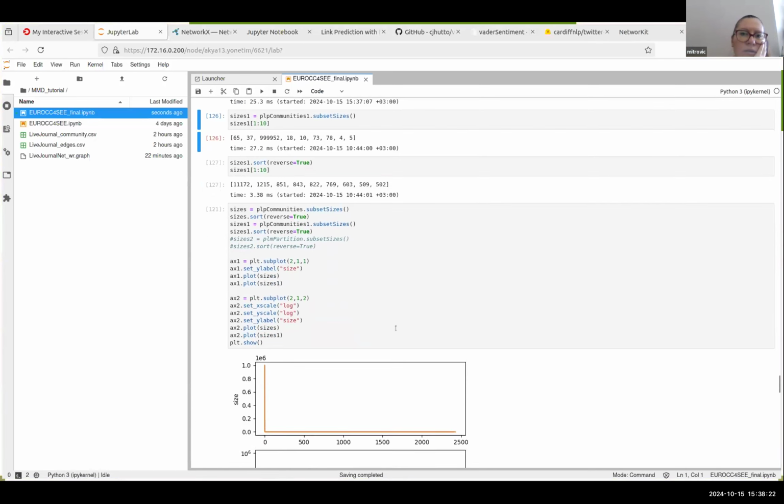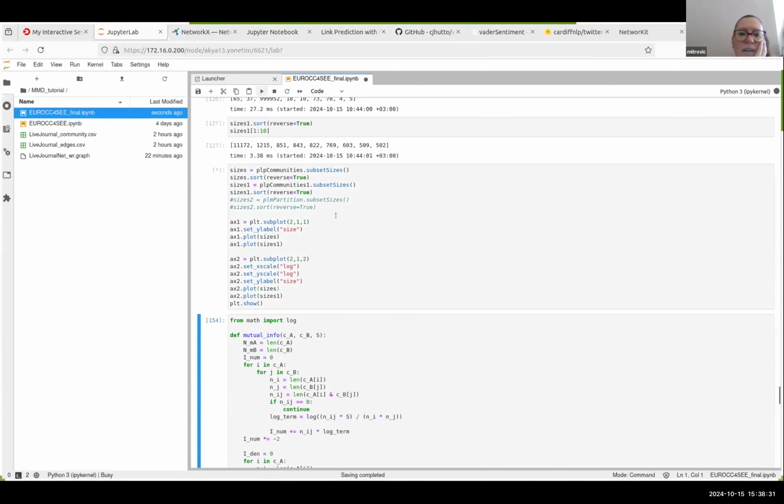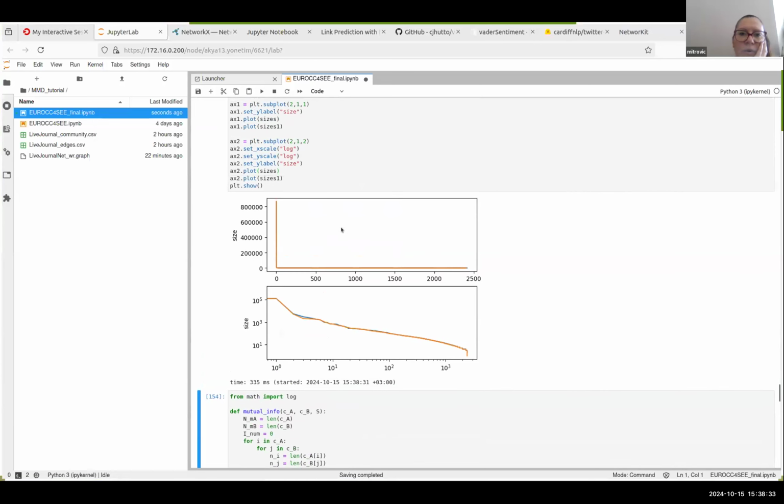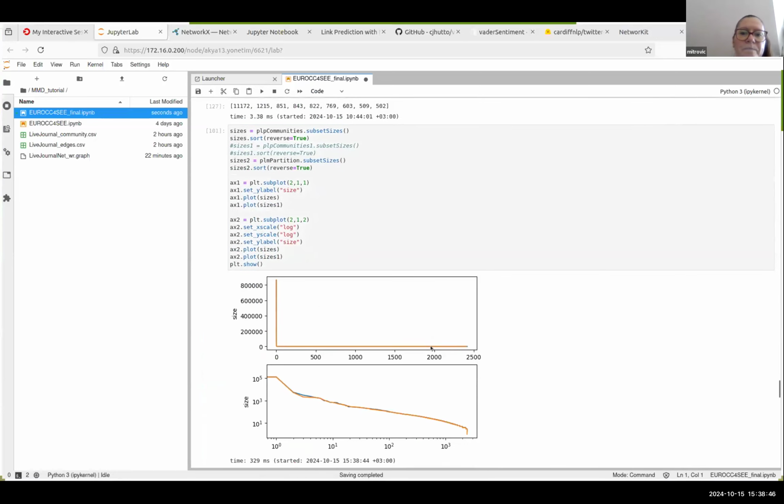And just to say a few more things, we can also look at how the ranking of these communities based on their sizes looks. And here we see a comparison between two sets of communities obtained from the same algorithm, and we can also do the same thing for communities found with different algorithms.